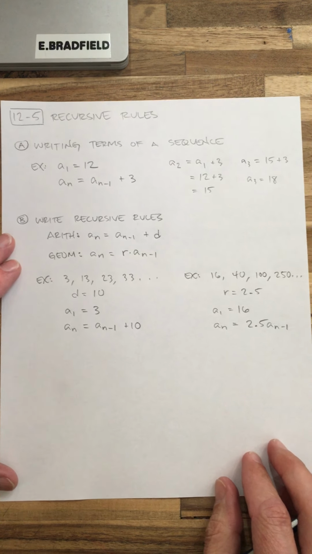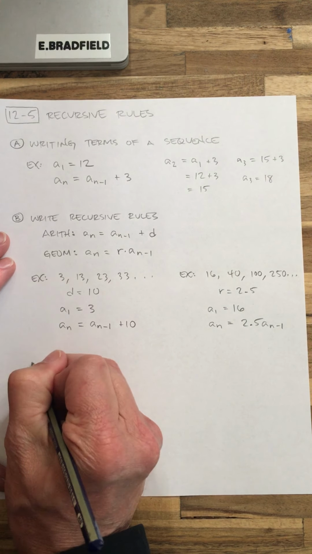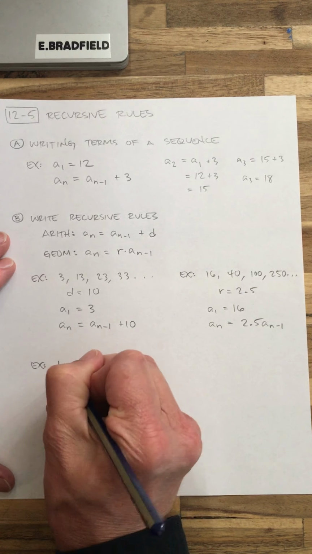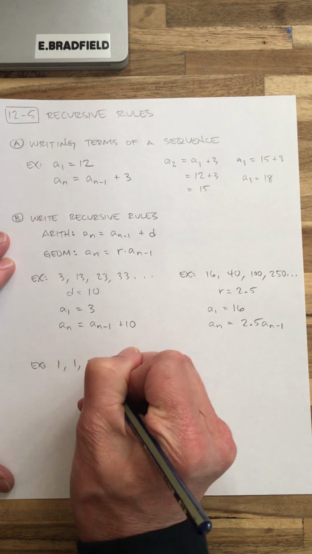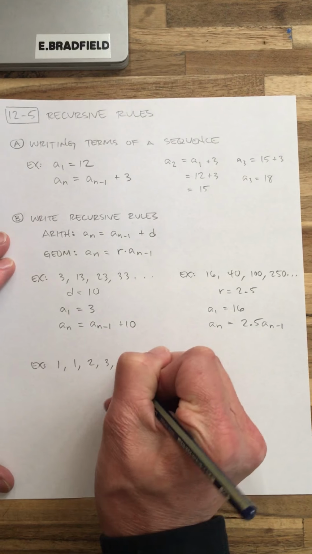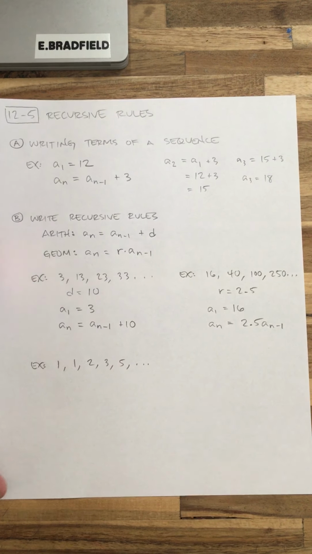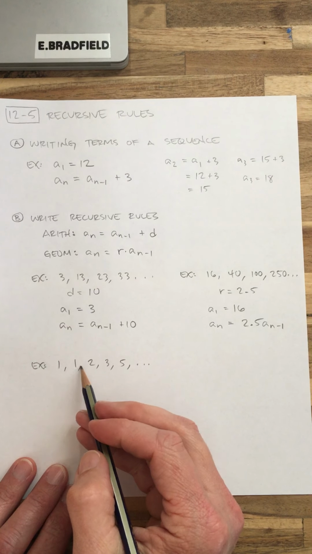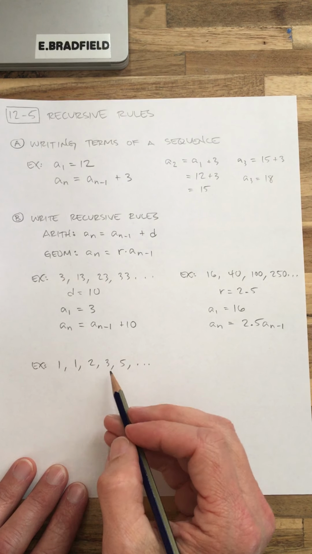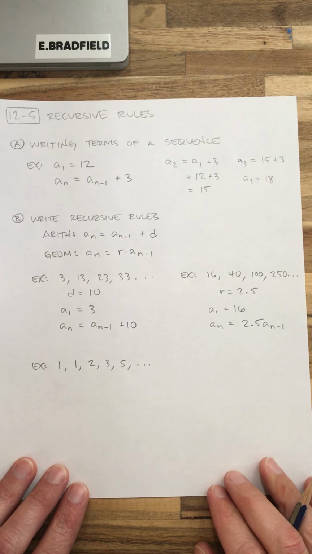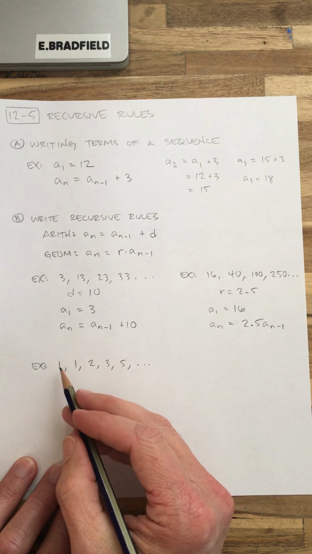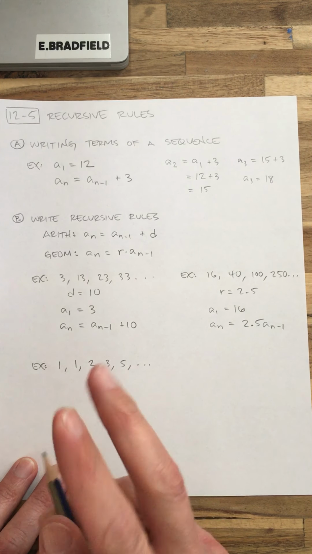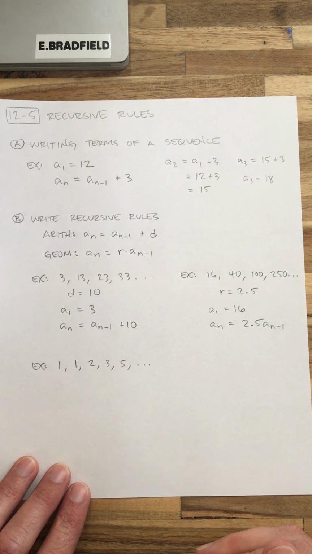Every now and then you'll get something funky like this. Let's try. We have 1, 1, 2, 3, 5, and so on. Obviously the difference here is 0, the difference here is 1, the difference here is 1, the difference here is 2. It's not a common difference. 1 divided by 1 is 1, 2 divided by 1 is 2, so that's not a common ratio either.